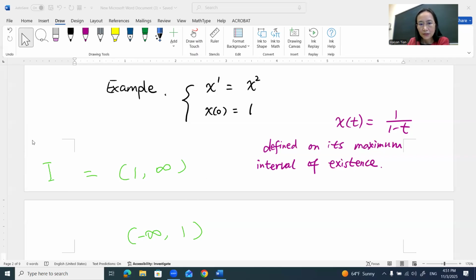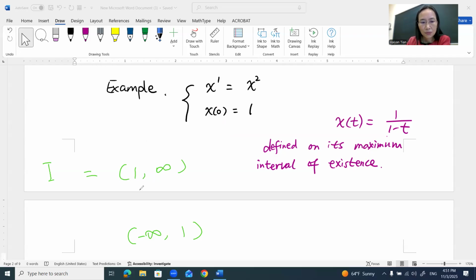If you look at the initial data, the 0, which is our t naught in the theorem, should be part of the interval.